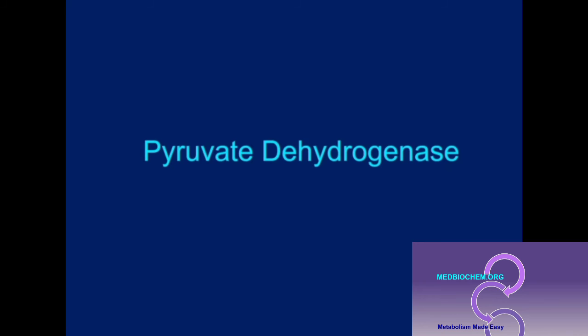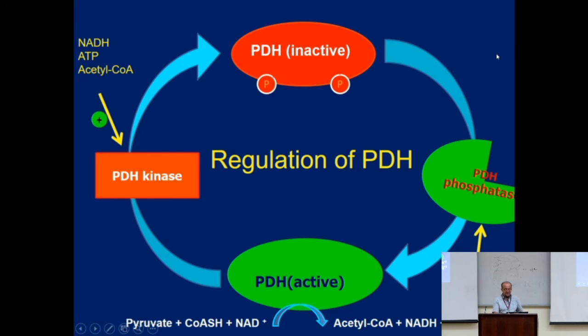The kinase will convert the complex from the active form to the inactive form. To go back to the active form, typically you need calcium that will activate the phosphoprotein phosphatase. Okay? This one here is a little simpler. I kind of like this one.